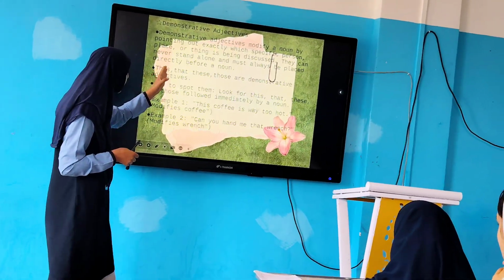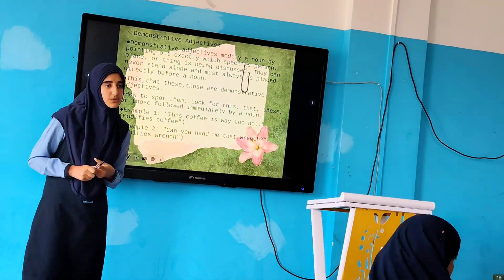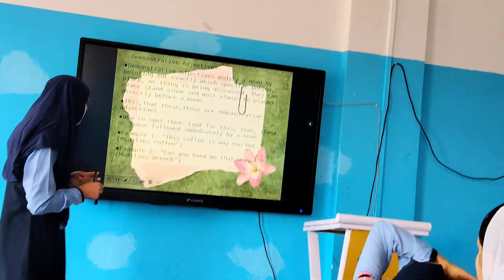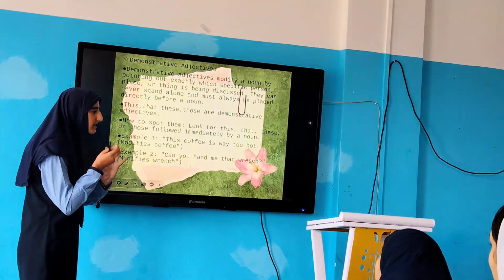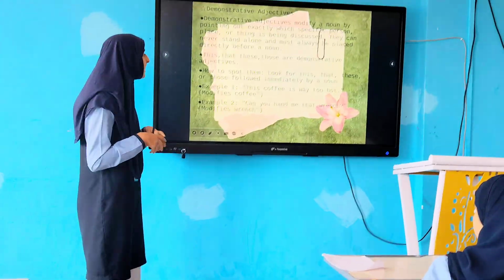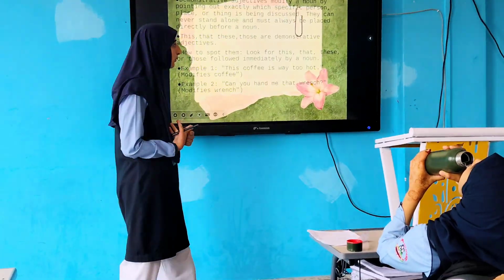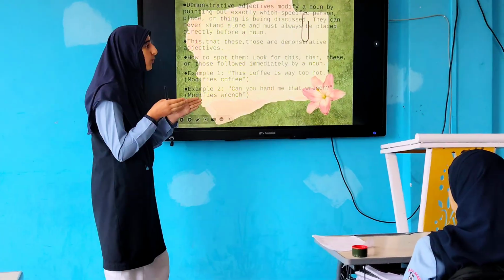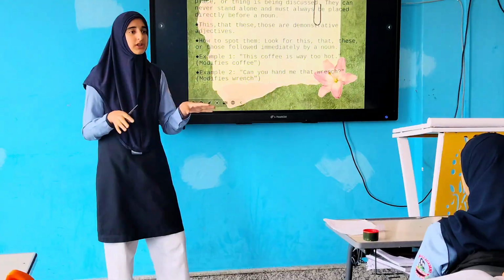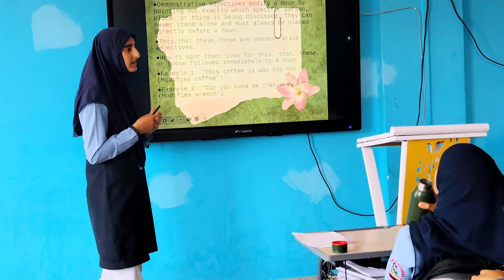This, that, these, those are used for demonstrative pronouns as well as demonstrative adjectives. It's a very structural thing. They are similar, but the only difference is where they are placed in a sentence.